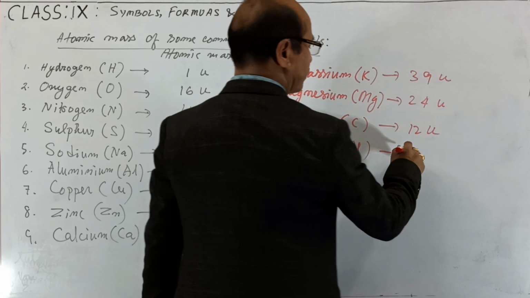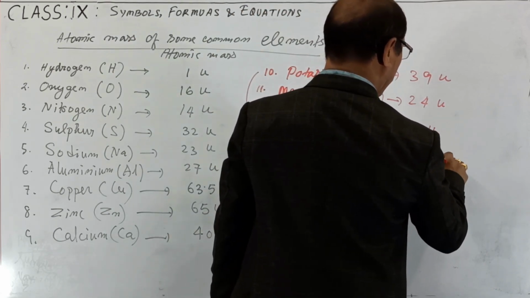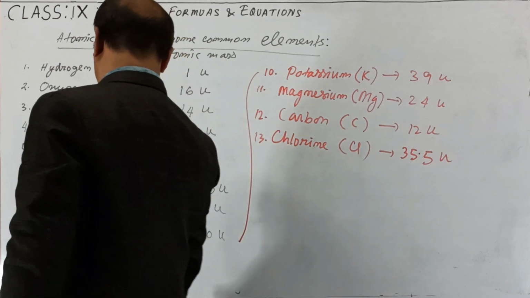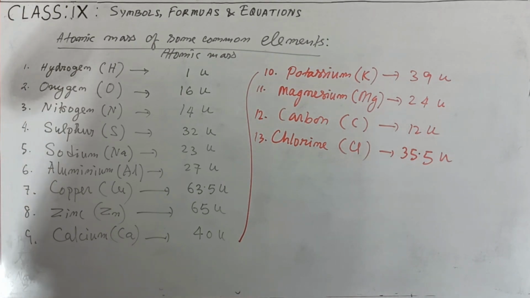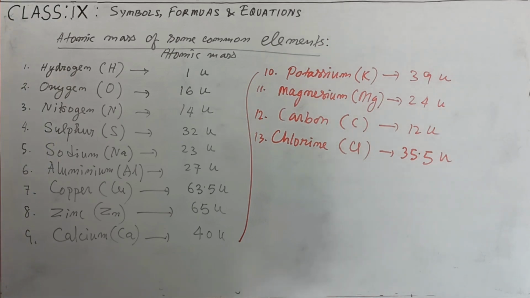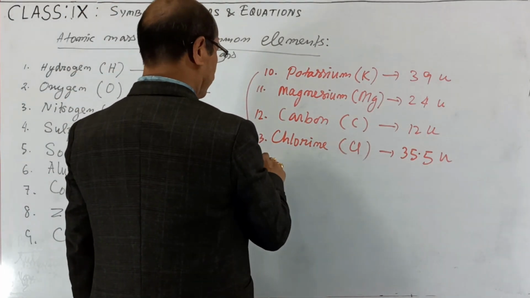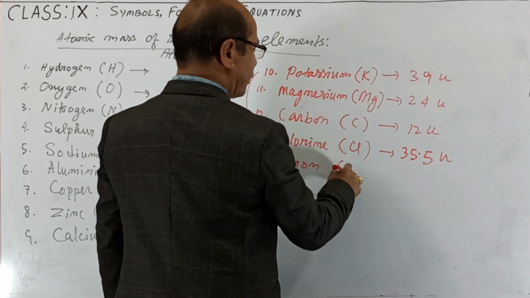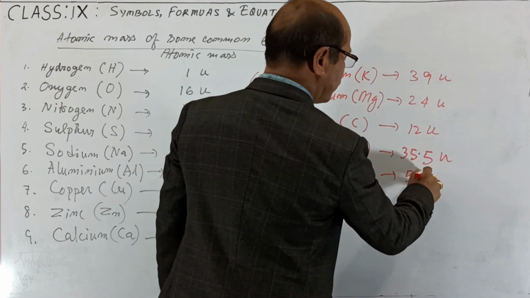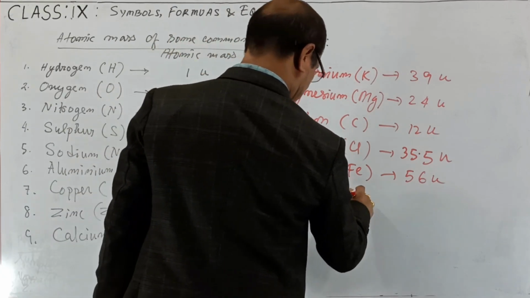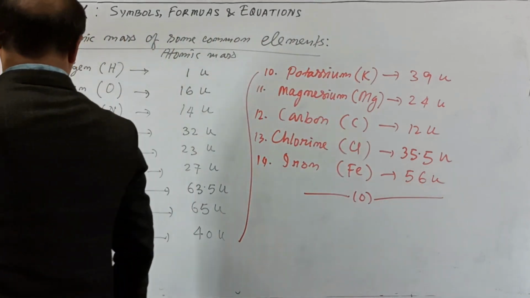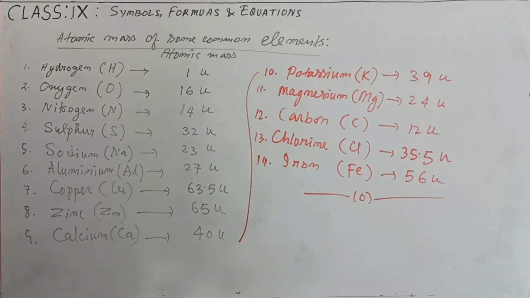Cl, 35.5 U. Iron, Fe, 56 U. Like this. These are some of the very common elements whose atomic masses we are going to use very frequently.